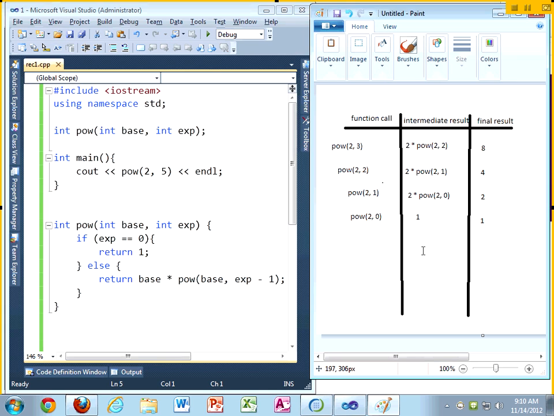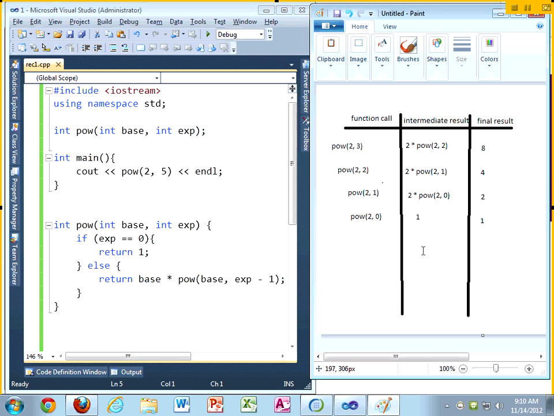Okay? The basic way that the stack works is each time I call a function, I put a new block of memory on the stack that stores all of the stuff associated with that function call. If I call the same function again, that doesn't mean I just leave that block there. I have to put another block on top. So if I call pow 6 times, that means I'm going to have 6 blocks of memory on the stack, each of them representing a different call to the function pow.